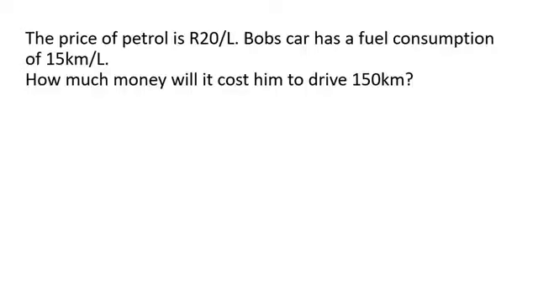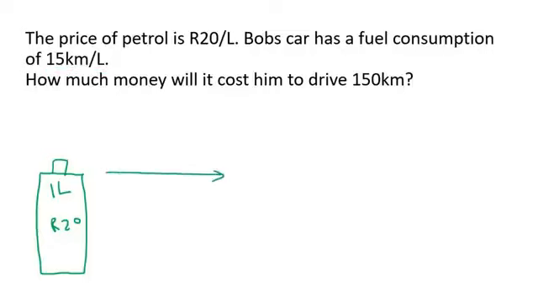Now here's a really good question. It says here that the price of petrol is 20 Rand for 1 liter. Okay, so let's just put a little 1 liter bottle. So if you want to buy 1 liter of petrol, it's going to cost you 20 Rand. Bob's car has a fuel consumption of 15 kilometers per liter. So when Bob drives 15 kilometers, he would use 1 liter.